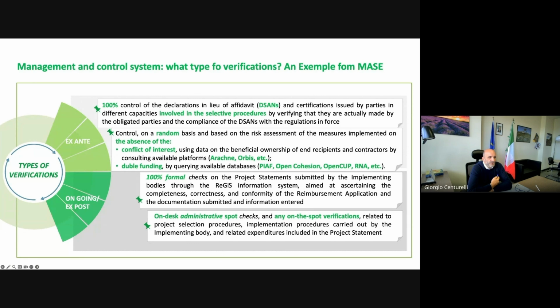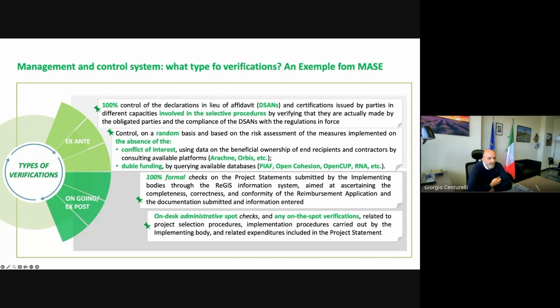the RRF regulation. In this case, we carry out the ex-ante verification in order to verify the absence of conflict of interest and double funding, and we carry out also the ongoing and then ex post verification, also formal checks using a formal checklist in order to verify the correctness of the documents related to the single expenditure or to the target milestone counted.